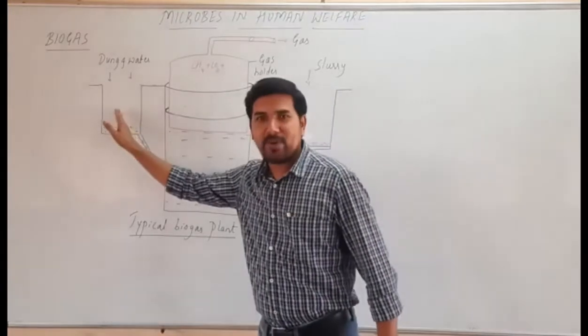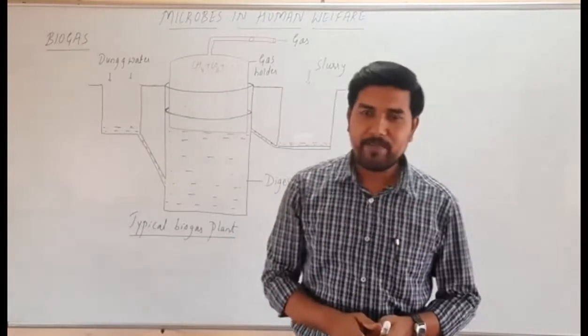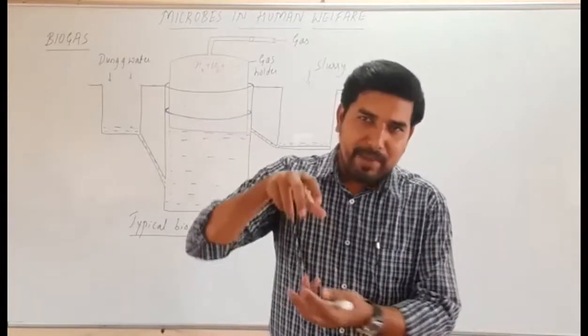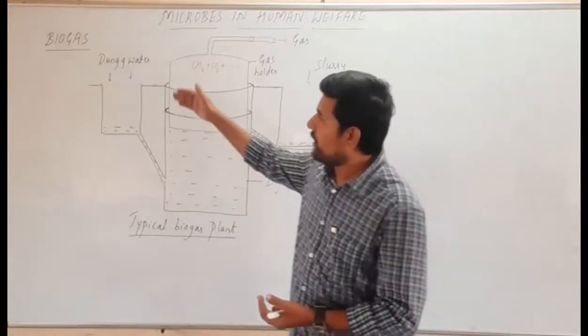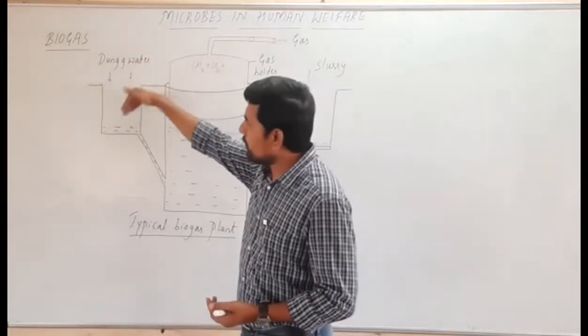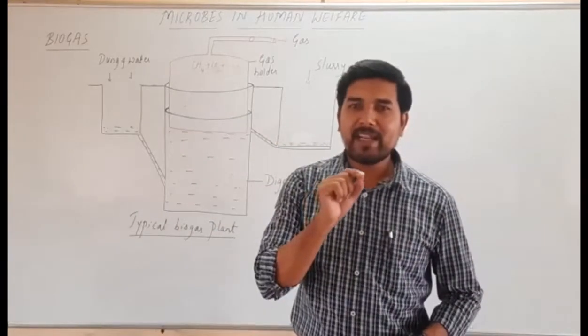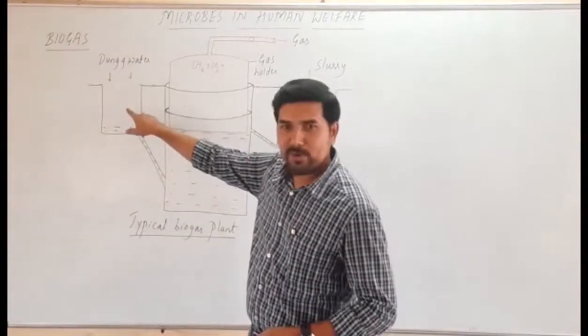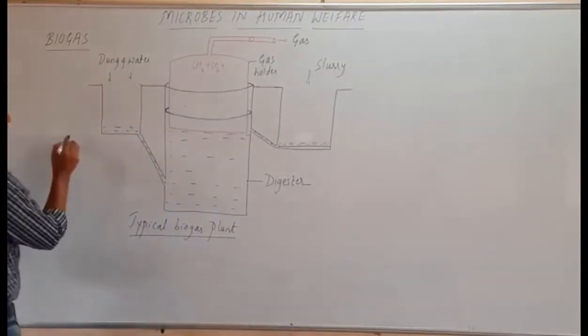The first tank is called an inlet tank. Now in the inlet what do we add? We take the cow dung, mix it with water, it forms a fluidic matter which we call a slurry also, that is poured into the tank. This tank is called an inlet tank. That's why this tank is also said to be an inlet tank.